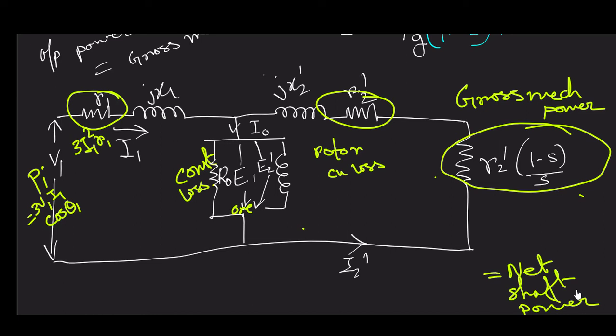If we vary both voltage and frequency, then the flux density should remain constant.